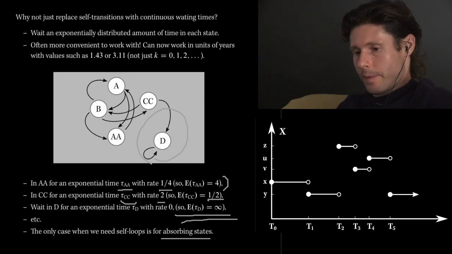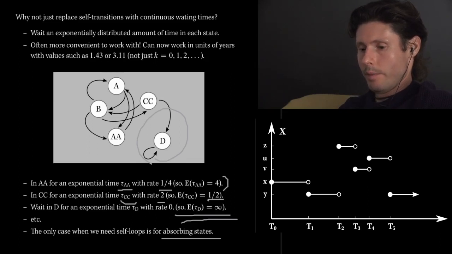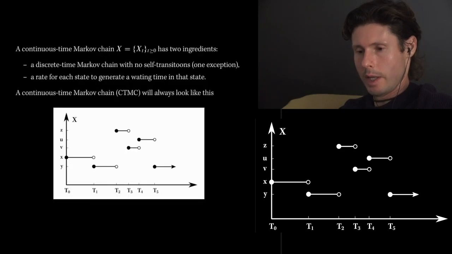As a final note, these absorbing states in the continuous time Markov chain setting are the only ones that are going to have a self-transition. Otherwise you won't have them; you'll just model the length of stay by an exponential random variable. And so every single continuous time Markov chain will look like this.